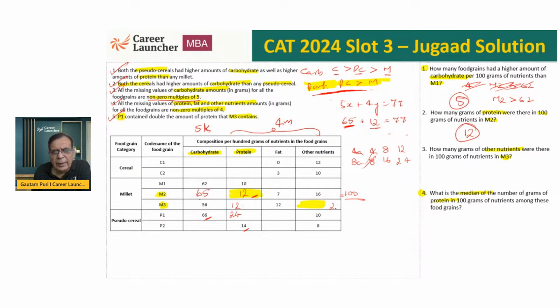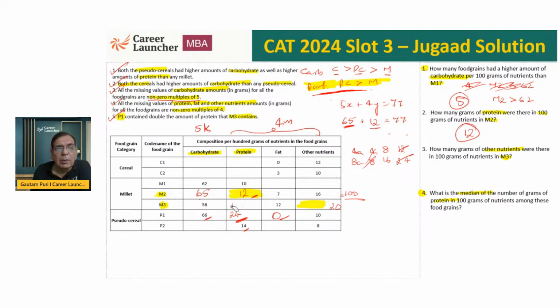Not 28, 20. 56 plus 24, 60, 70, 80. This becomes 20. Okay. What about this 66 plus 24? 90, 100. This becomes 0. If P1 has 24 grams of protein, then fat will be 0. As per the statements, this cannot be 0. None of them can be 0. So even 12 and 24 is wrong.